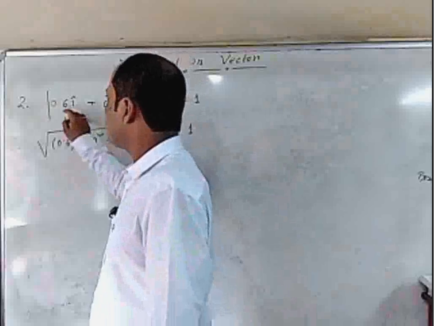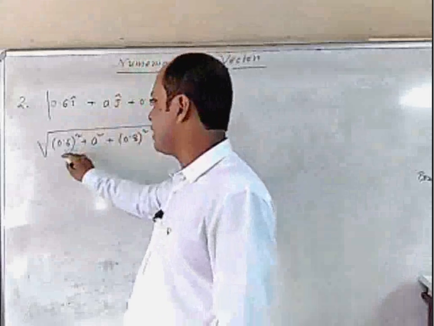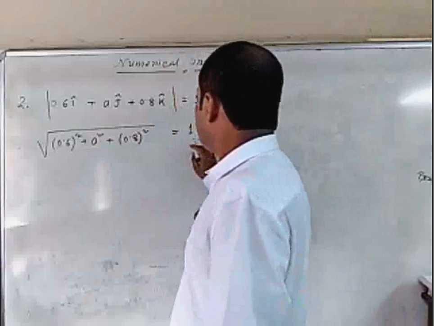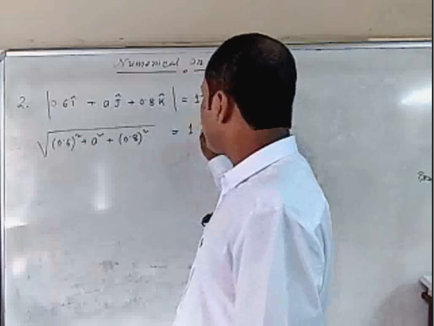The coefficient of i cap, j cap and k cap, you have to take the square of them and sum it.